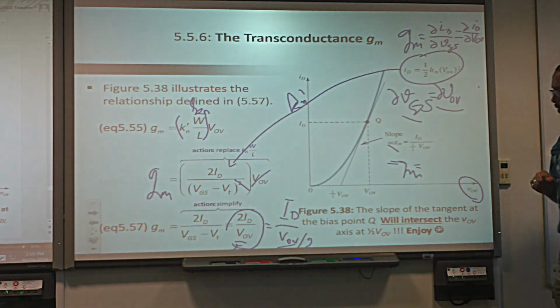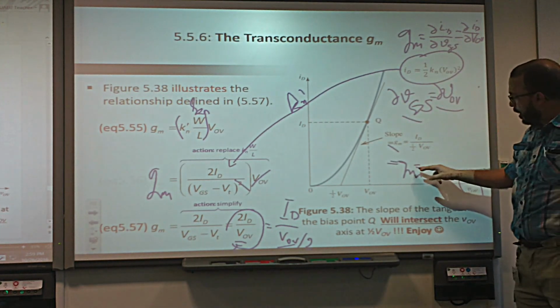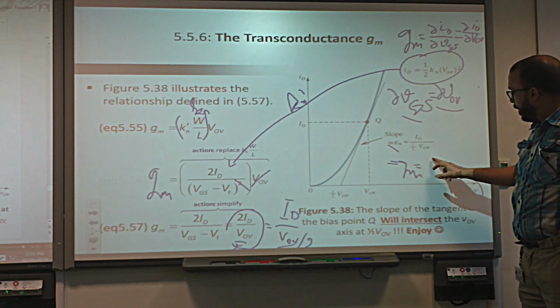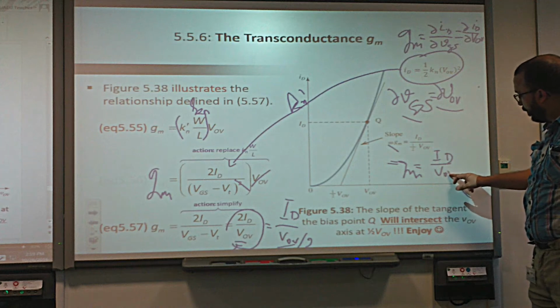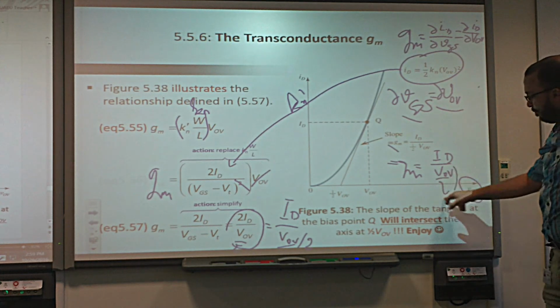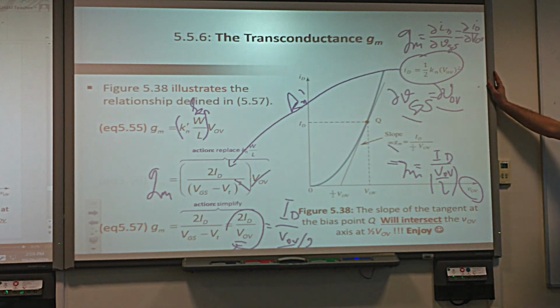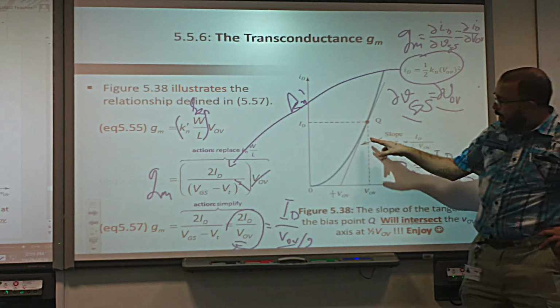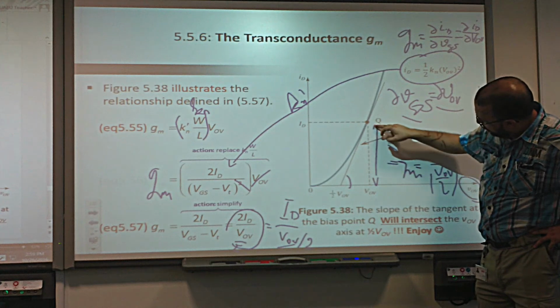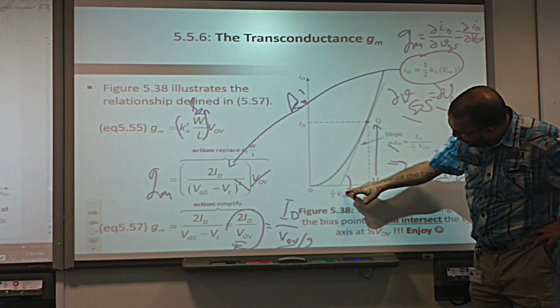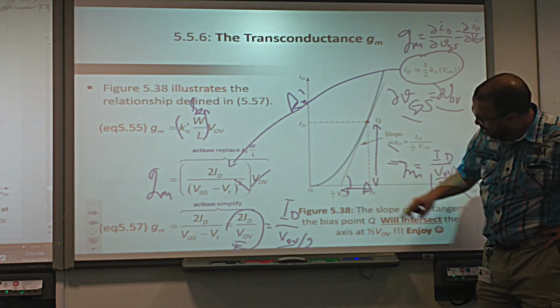Very good. Excellent. So I come here and say, okay, GM is equal to the slope and is equal to ID over V overdrive over 2. Yes or no? Excellent. But then the slope here is equal to this distance divided by this distance. Yes or no?